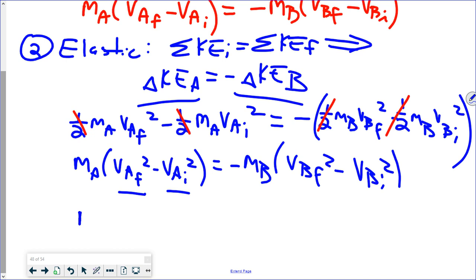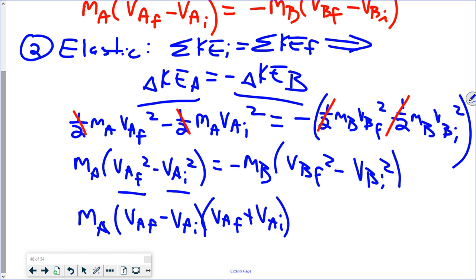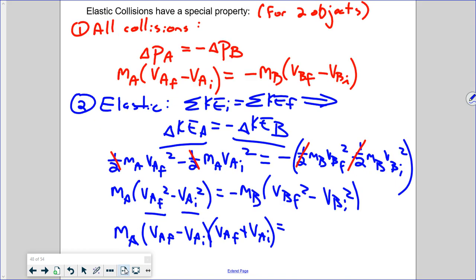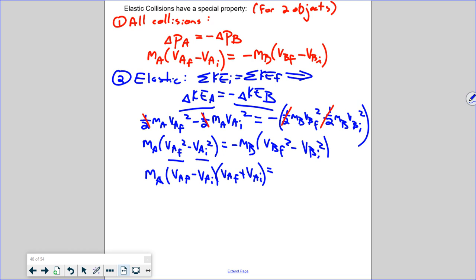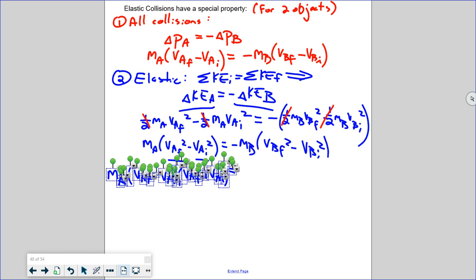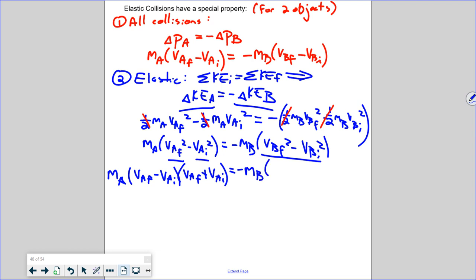So this is the mass of A times VAF minus VAI times VAF plus VAI, equals, I'm so out of room, equals, same thing, I'm going to factor this: negative MB times VBF minus VBI times VBF plus VBI.